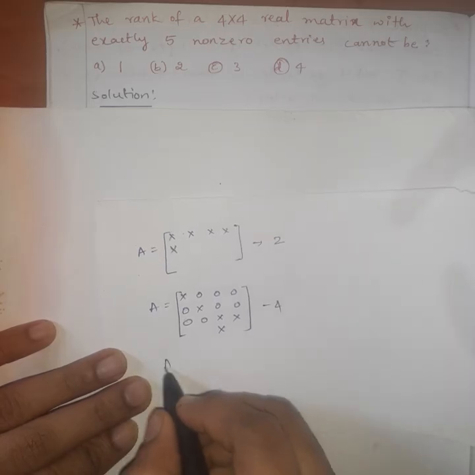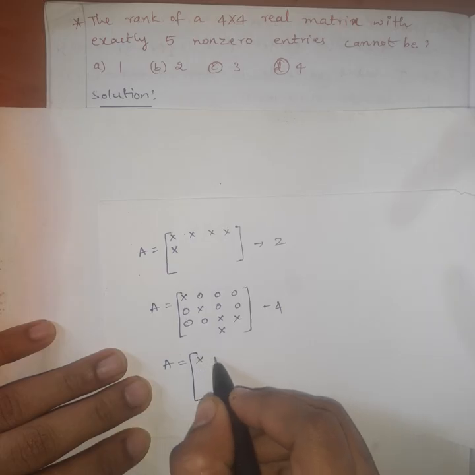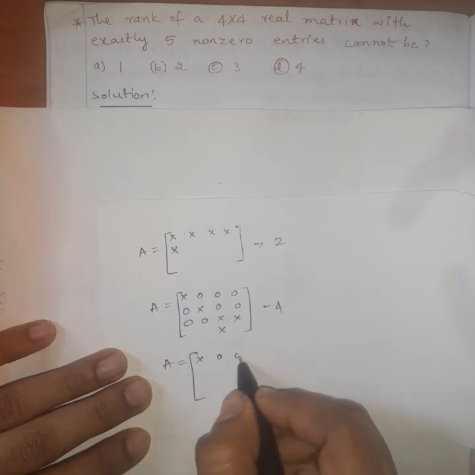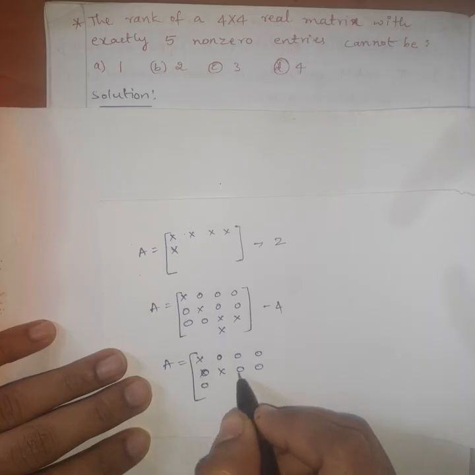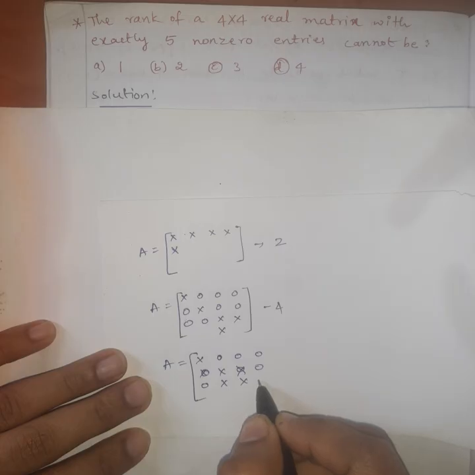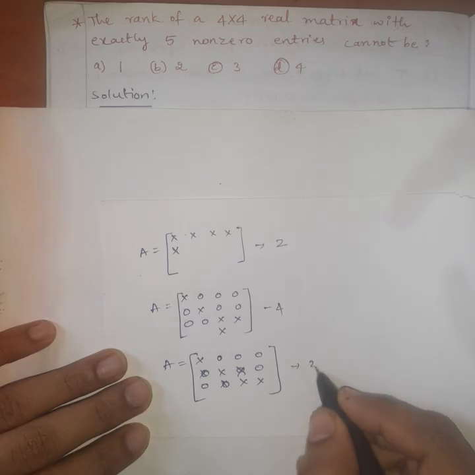And suppose the 4 by 4 matrix with non-zero entries like this, then here the rank will be 3.